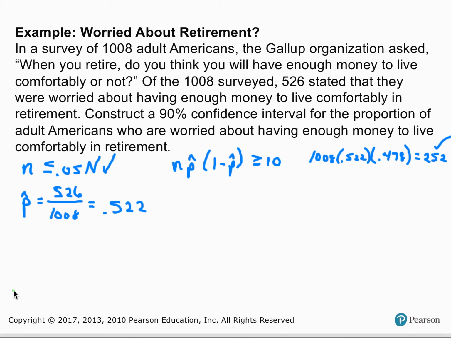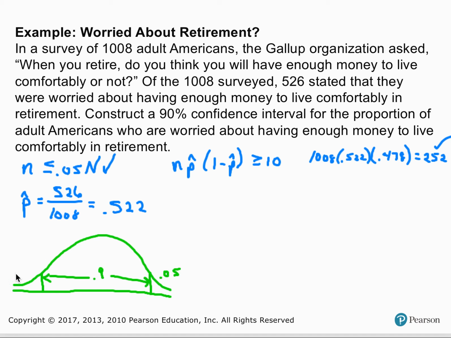Now, we're doing a population proportion, so we're back to the Z. Okay, don't forget that. Now we want a 90% confidence interval, so we want this to be 0.9, which the same as before. 1 minus 0.9 is 0.1, half of that. That means this is 0.05, and this is 0.05.